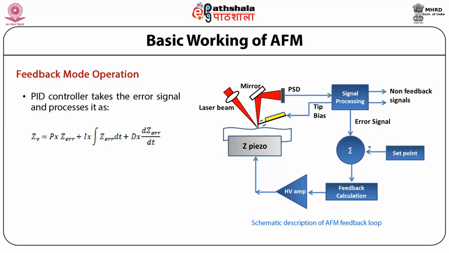When the deflection is less than this specified set point, the feedback loop expands the piezo in the Z direction to move the tip closer to the surface of the sample.